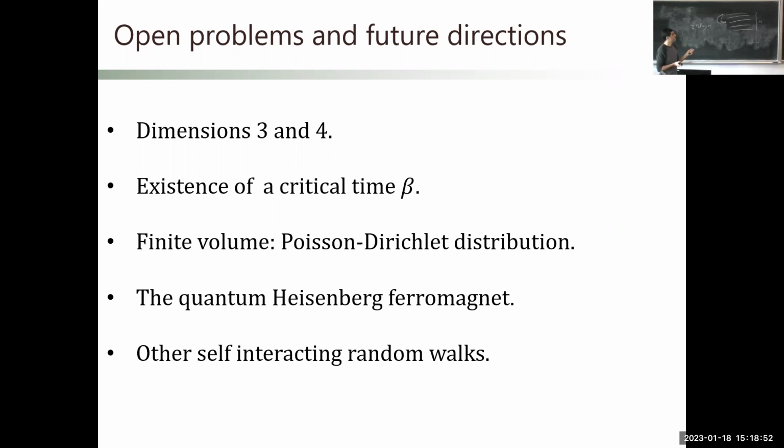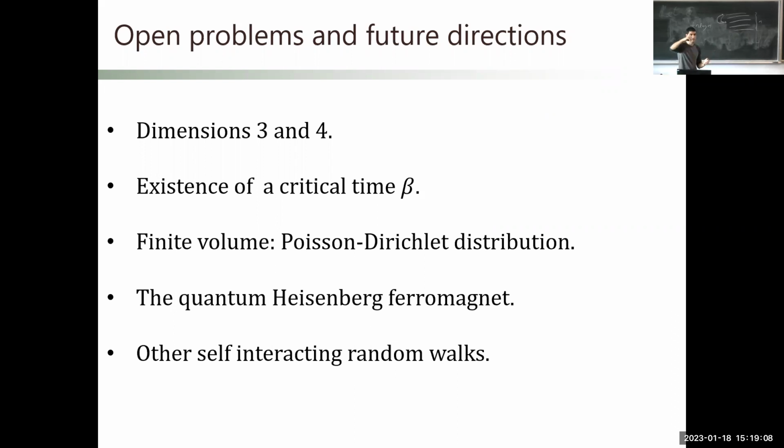And as you asked, indeed, there is still the problem of showing that you have a critical time, such that before it you have finite cycles, after that you have infinite cycles. Another question is doing it in finite volume, like on a finite box.